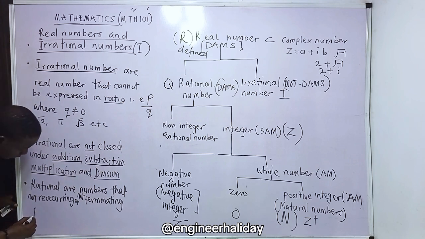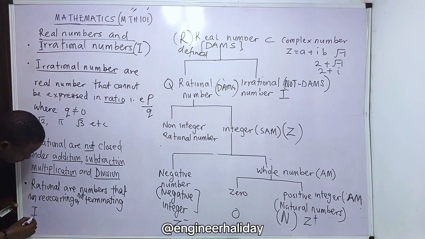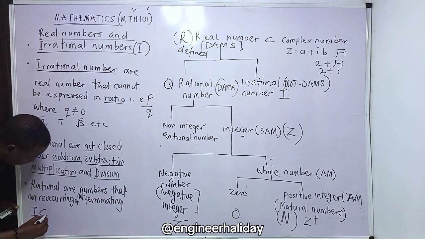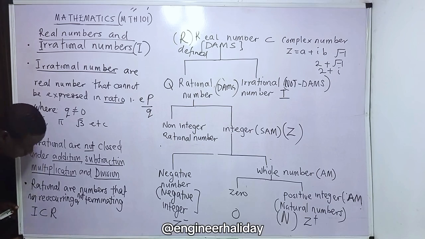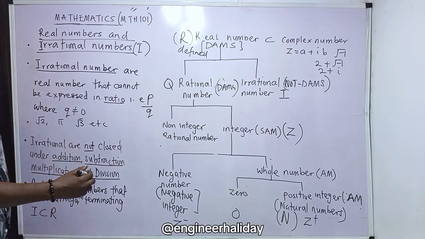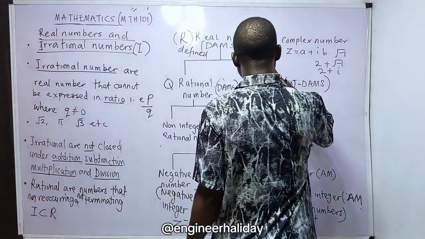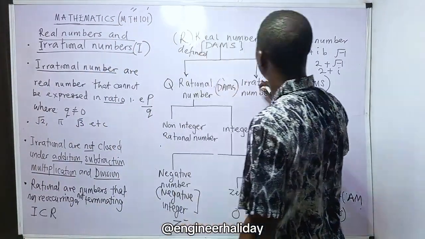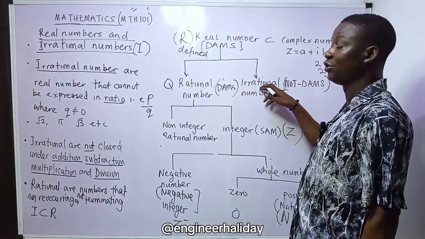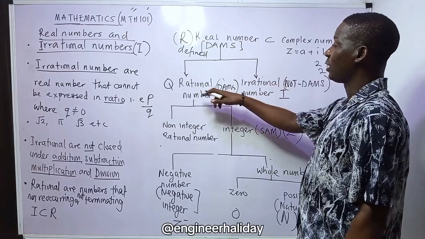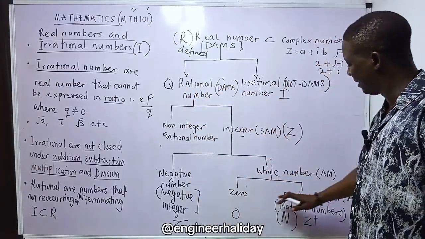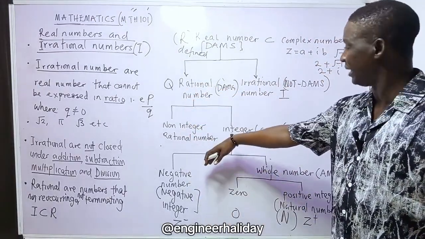Irrational number is a subset of real number on its own, because we don't have any other subset. If you check the chart, irrational number is what we call home alone. It does not have family. Look at rational number. Can you imagine the family that rational number comprises?